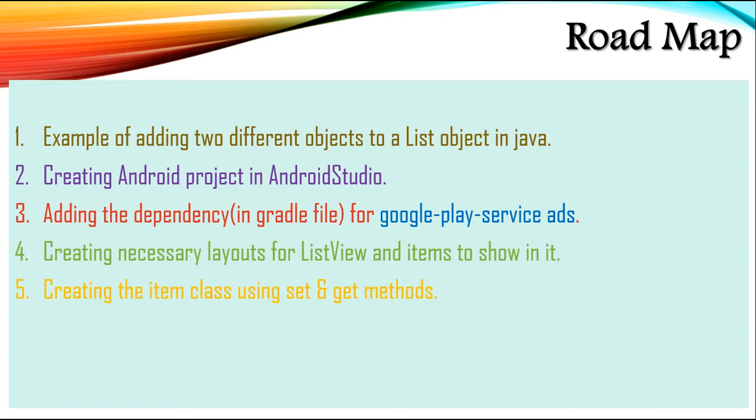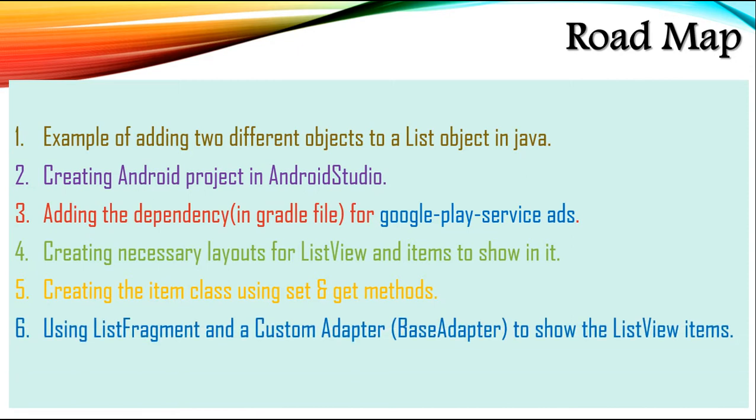Then we're going to create the item class using set and get methods. And lastly, we're going to use list fragments and a custom adapter to show the ListView items with the NativeExpress ads. Before we continue, let me quickly show you an example of a list object in Java.